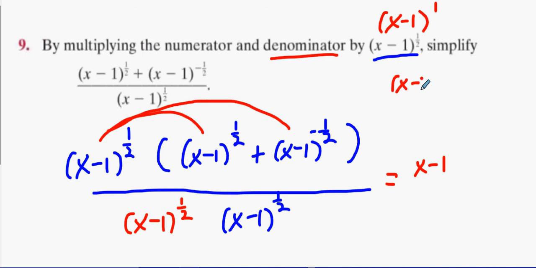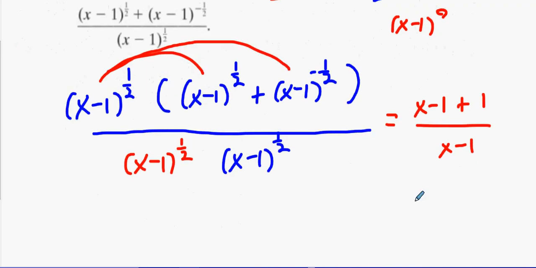X minus 1 to the power of 0. And anything to the power of 0 is 1. And on the bottom, x minus 1 to the power of a half by x minus 1 to the power of a half is x minus 1. Then what do we get here? X over x minus 1. Did any of us get that last night? Alright, a few of us.